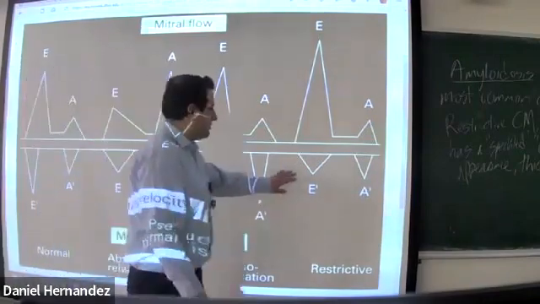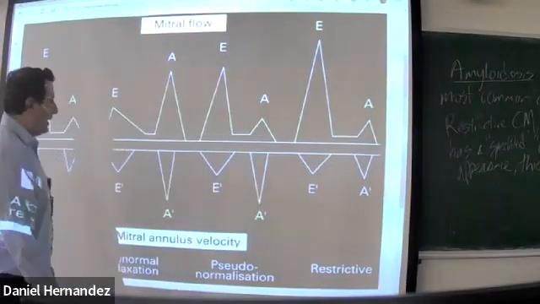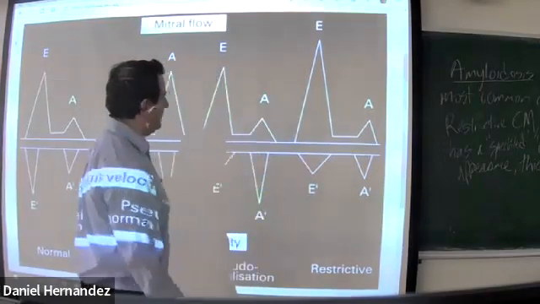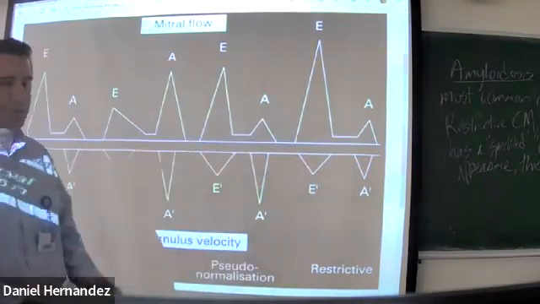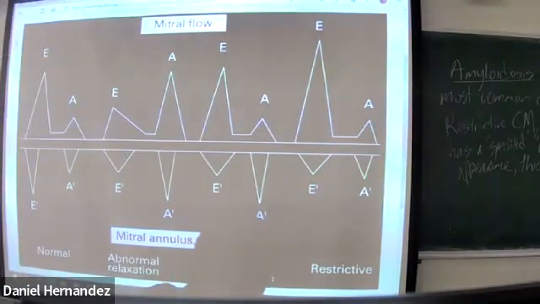This actually shows velocity movements of the annulus, so how much that annulus is moving during diastole. We can see that there's very reduced movement of that annulus during diastole. We can also pick that up with our tissue Doppler.